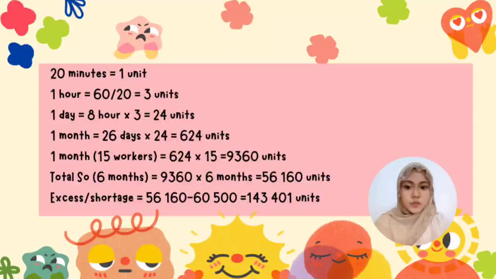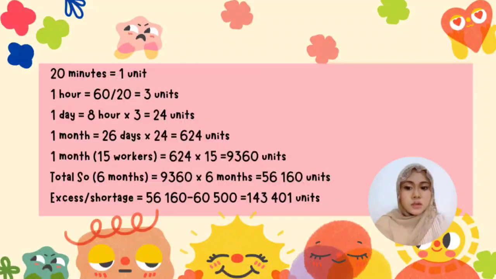Okay, step 2, we need to find the standard output for the planning period, which means finding 1 hour, 1 day, 1 month for 15 workers, and total standard output for 6 months, and also whether it is excess or shortage. 1 hour we get 3 units, 1 day we get 24 units from 8 hours times 3 units.